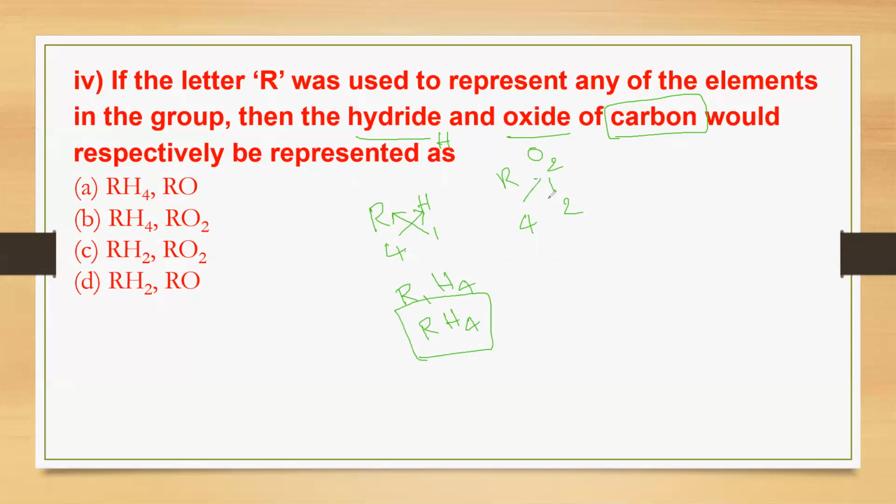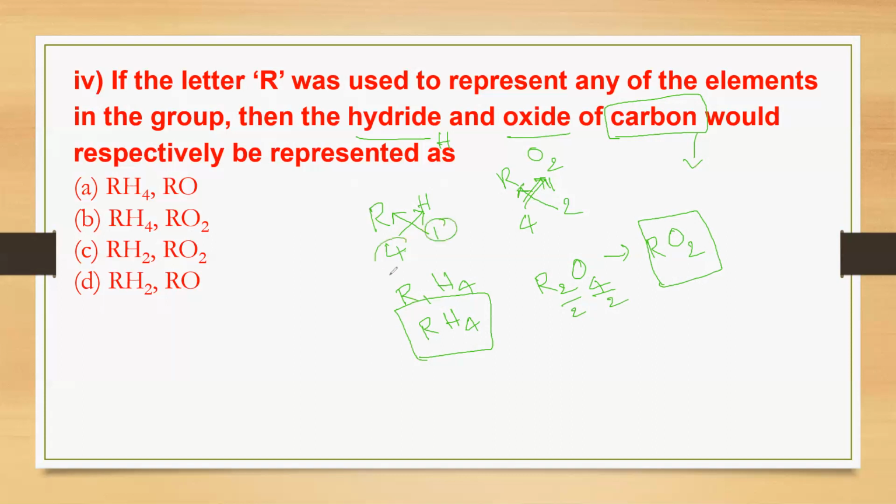Next, if you crisscross this 4 and 2, it gives R2O4. You know that from the law of definite proportion, we have to take small whole numbers, so it will be RO2. This is the oxide formation of carbon. While writing the chemical formula, you crisscross the valences, then it is easy to remember.